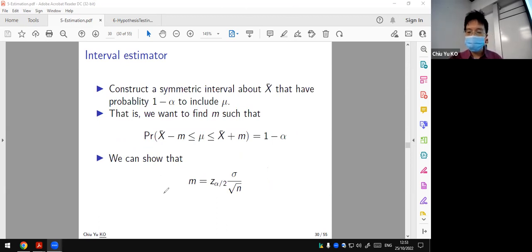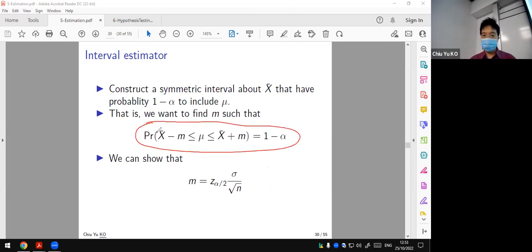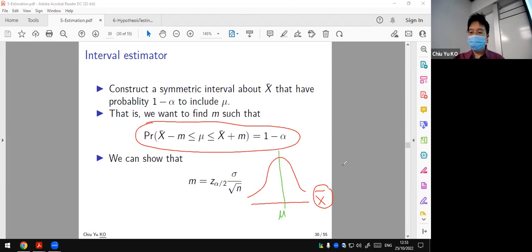As we hinted in the beginning, we want this to happen. We know it's normal. This random variable, remember the sample mean is a random variable, will have the mean mu, but we don't know where.